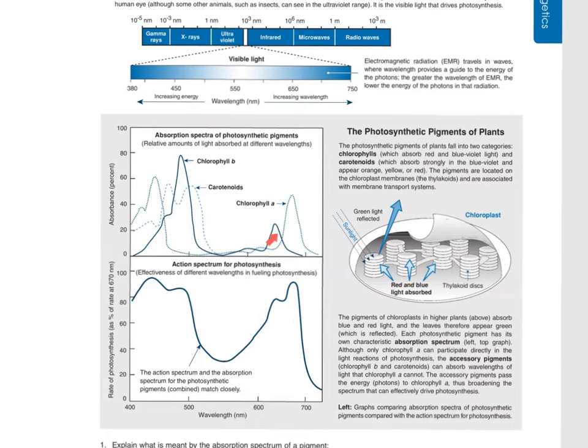Maybe you see, if you get rid of orange, let's say this one breaks down, this is chlorophyll B, right? Chlorophyll B is absorbing at around 450 to 500, that's mostly blue, right?